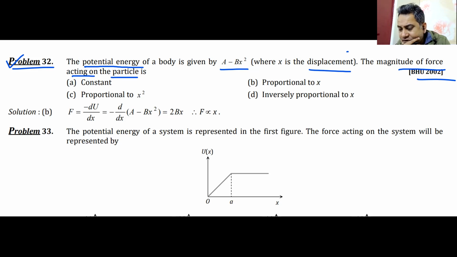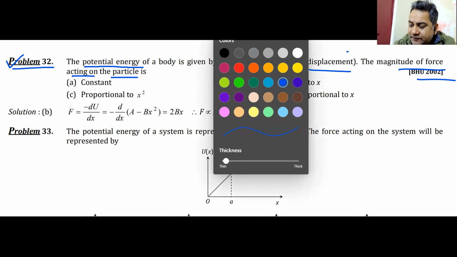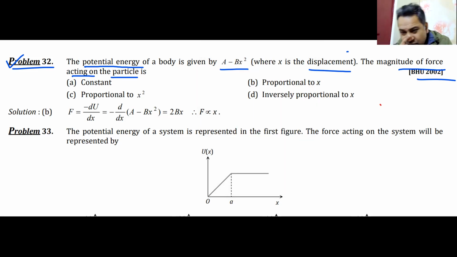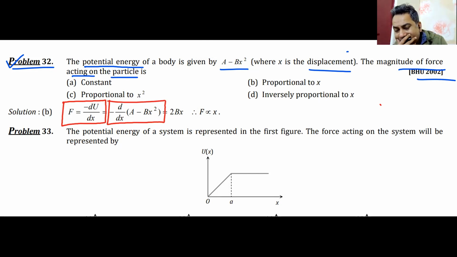It's a straightforward question, and a straightforward answer. Potential energy is given. We know the relation between potential energy and force. Basically, we have to calculate force from potential energy. Force is the negative slope of the graph, minus du by dx, del u by del x. I have to differentiate this.